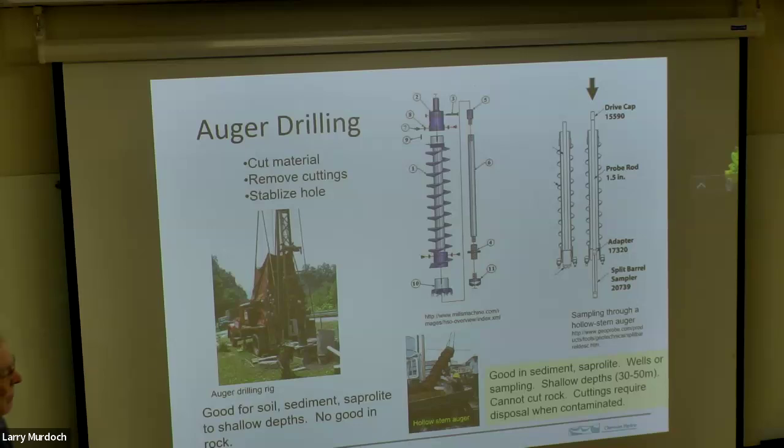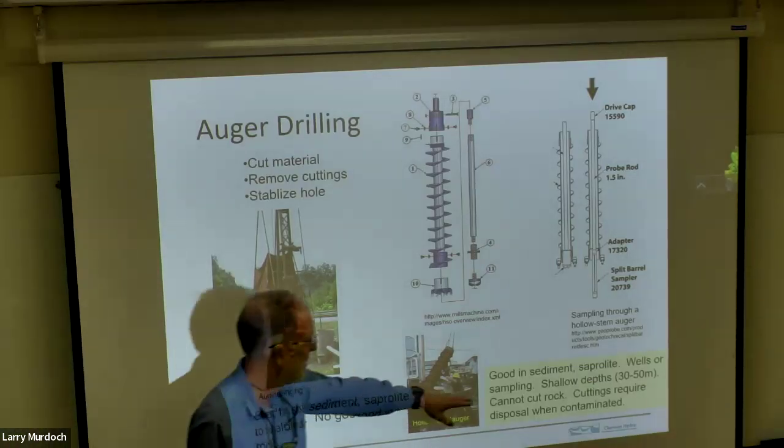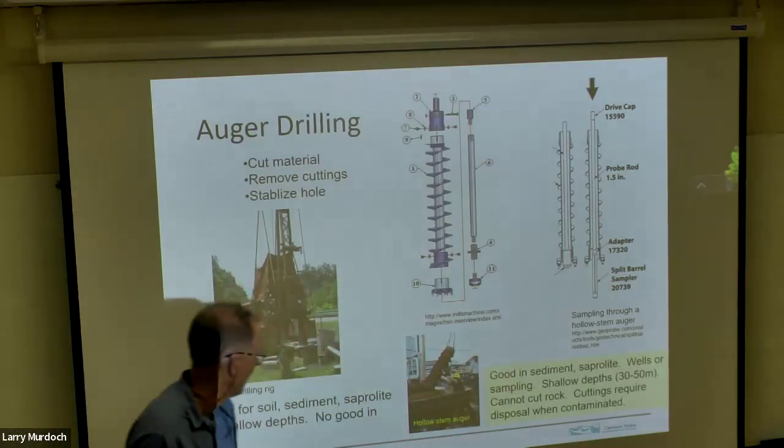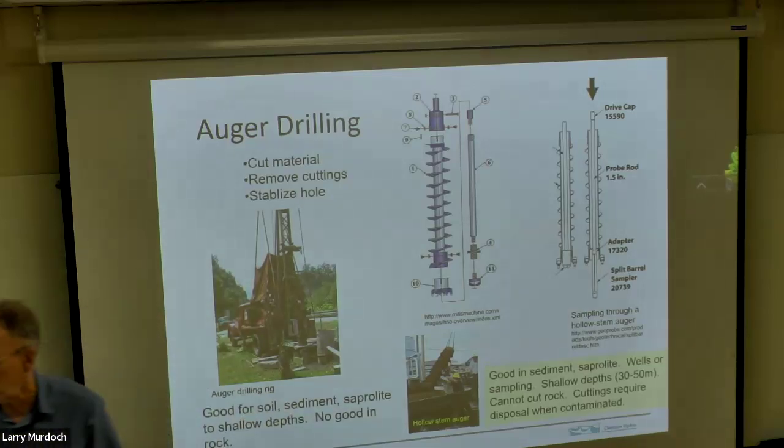But these kinds of depths and this kind of material are very common. So you see these rigs used a lot for many applications. So for those of you going into environmental or geotechnical, we will be working with one of these rigs. This is auger drilling, and in particular, this is a hollow stem auger.